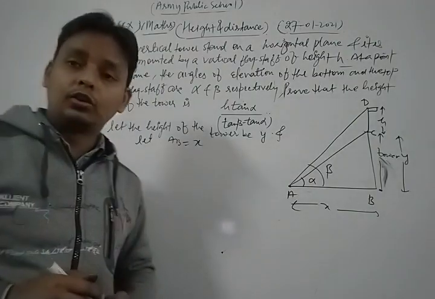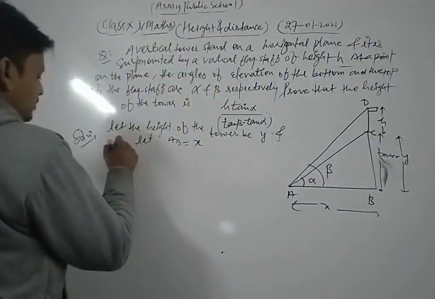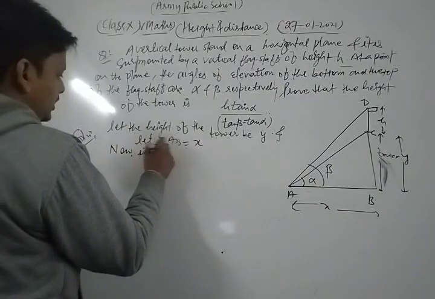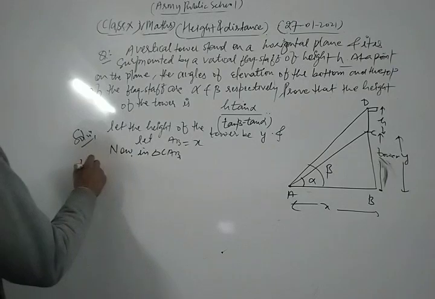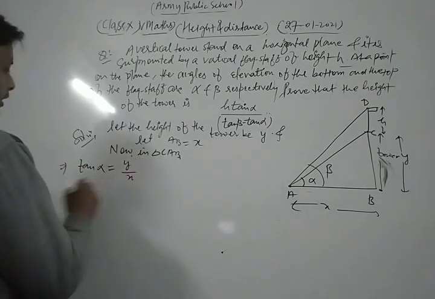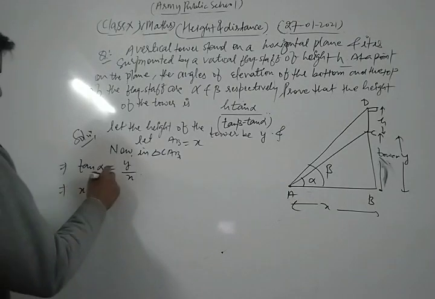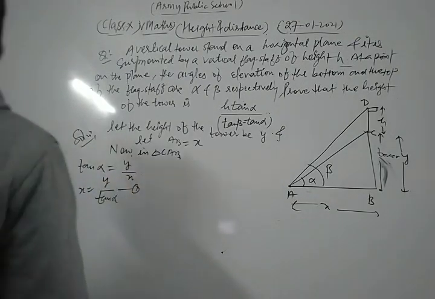Okay, dear friends. Now, in triangle CAB we apply tan alpha. Tan alpha is equal to perpendicular upon base, meaning y upon x. From there, x is equal to y upon tan alpha. Take this as equation number 1.